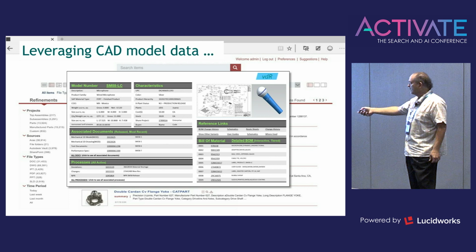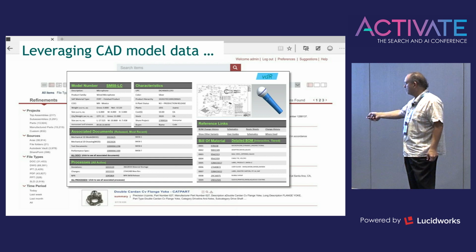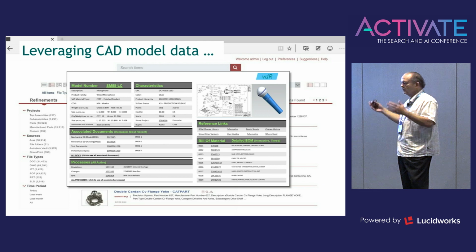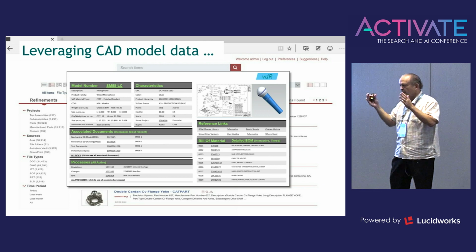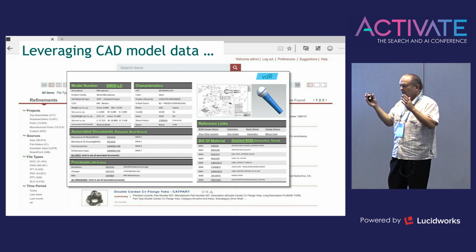This associated documents is just from file folders. This is from their ERP system, and then the BOM is collected from the model. So this is kind of a universal mashup, if you will, about that particular part.